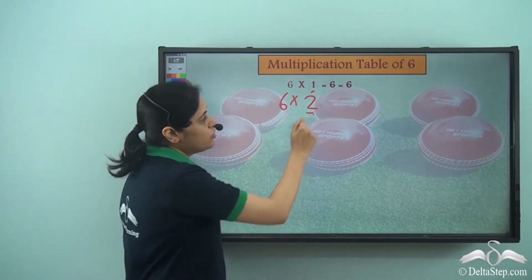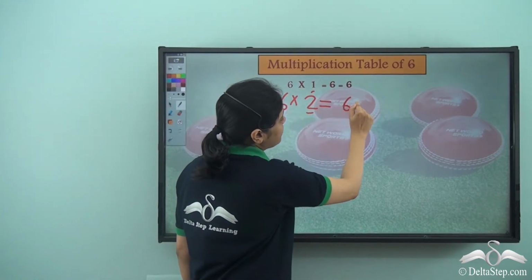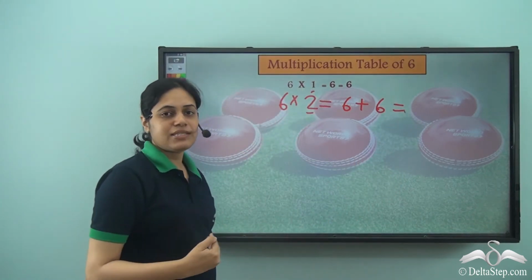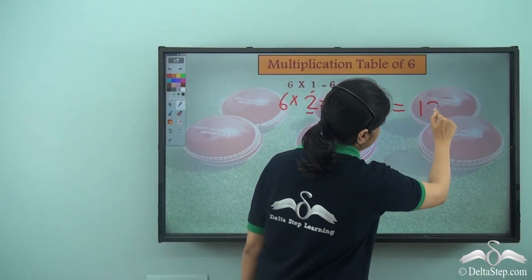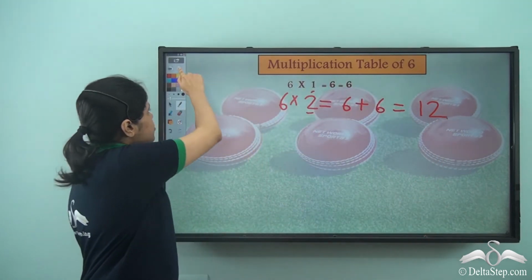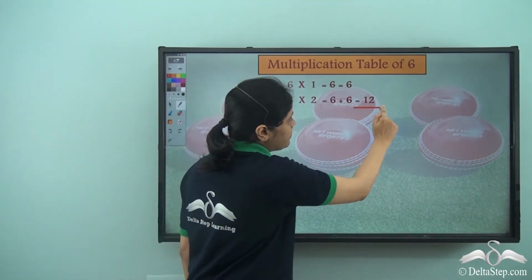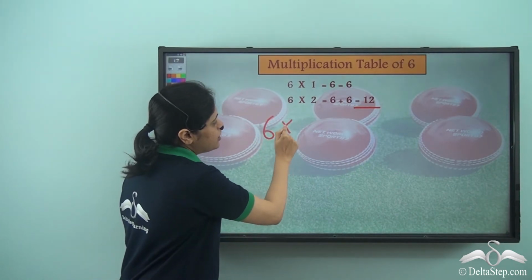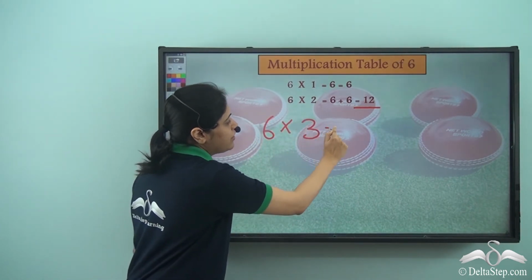6 into 2 is 6 added 2 times. So 6 plus 6. 6 plus 6 is 12. So 6 into 2 is 12. Next, what will we have? 6 into, after 2 I have 3.